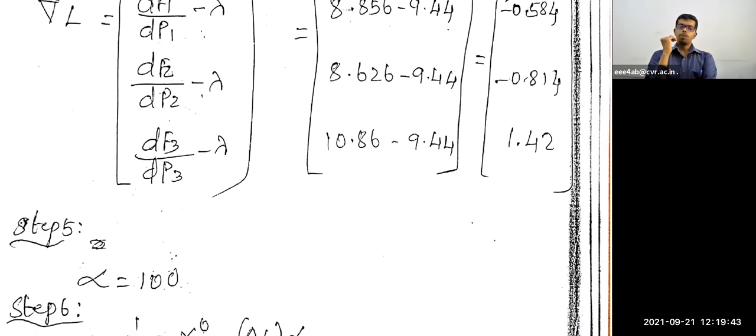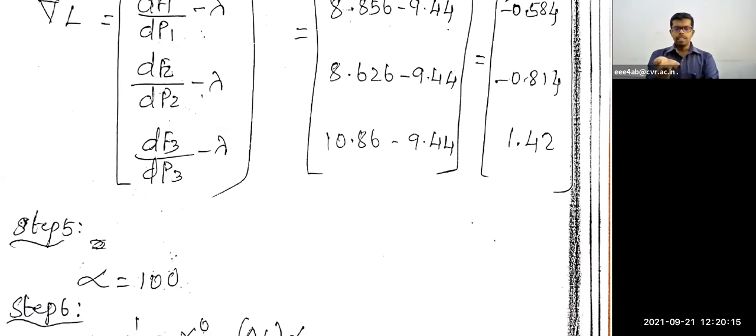While doing programming with MATLAB, the same algorithm, or if you program with other programming languages like C or Python, whatever platform is convenient to you, if you change this alpha value and see, you'll get better convergence. While seeing the programming aspects, I will try to change this alpha value.